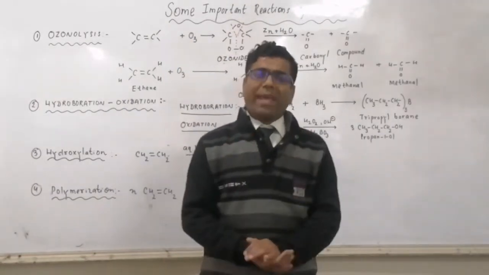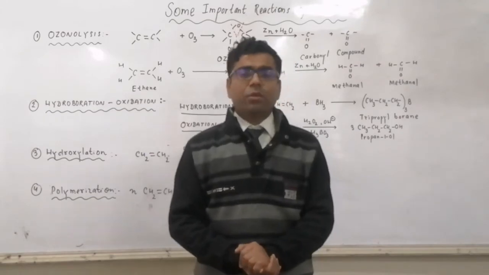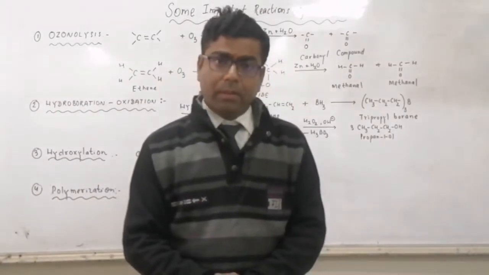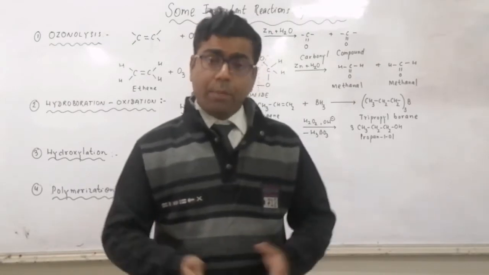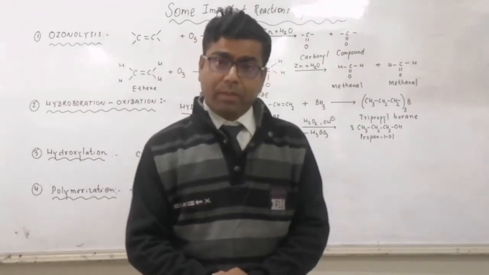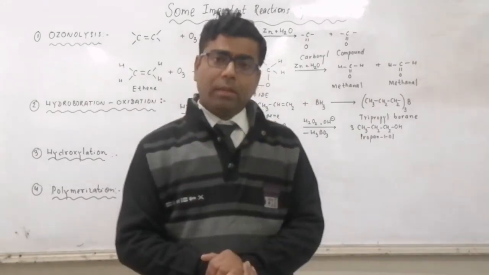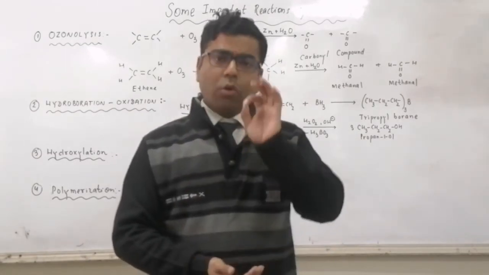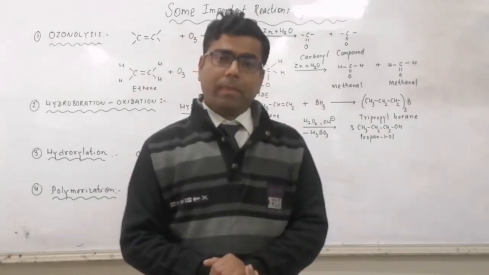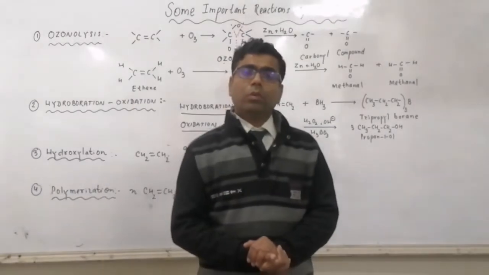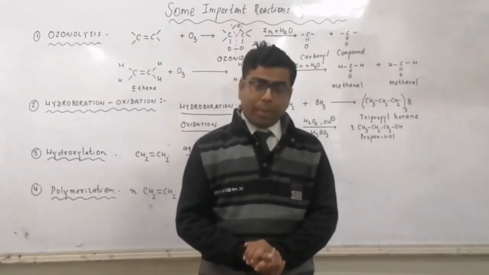So breaking down of alkene in the presence of ozone is called ozonolysis, an important reaction of alkenes. Here, what you have to remember is that alkenes on ozonolysis get converted to two molecules of carbonyl compounds.